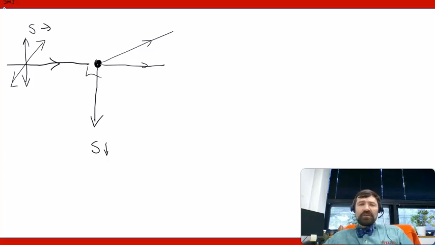And so in order for light to have started off going this way and end up going this way, the polarization of that light has to be in a direction that's perpendicular to both of these. And the only direction that's perpendicular to both is in and out of the plane of the board.